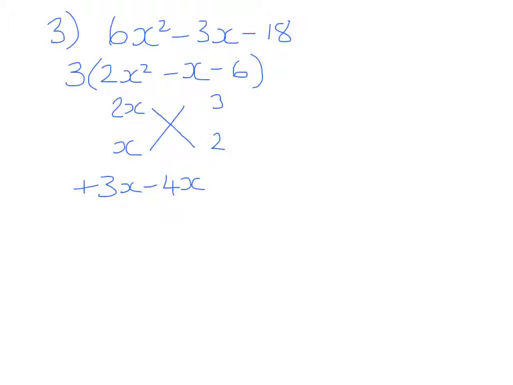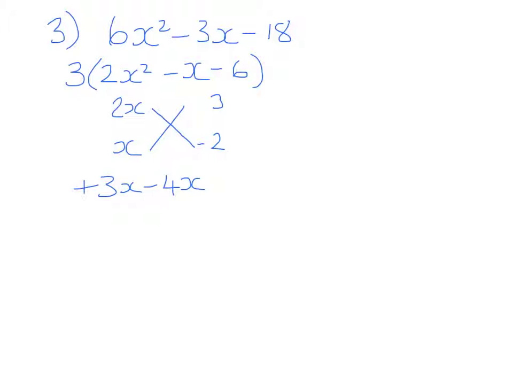I'm going to go back and look at my cross. I'm going to say my 3x came from here and I want it to be positive, so that stays as it is. My 4x came from here, I want it to be negative. So I must have to multiply by negative 2. And again, I'm just going to double check that my original set of factors, 3 times negative 2, is going to give me negative 6.